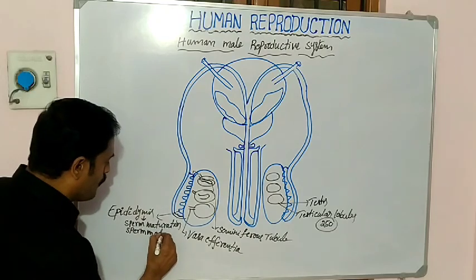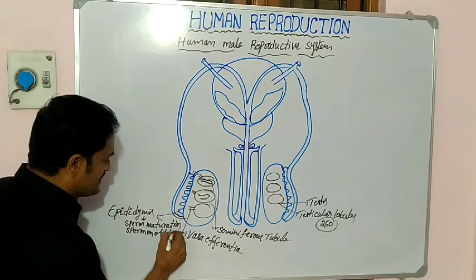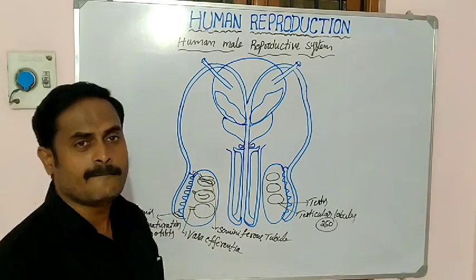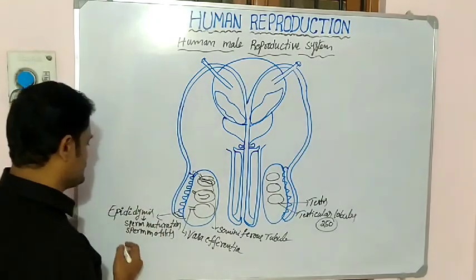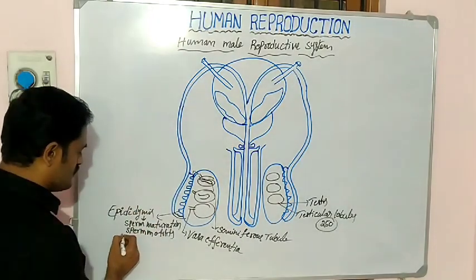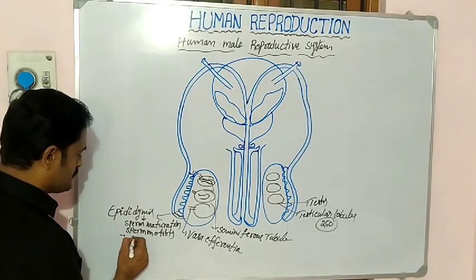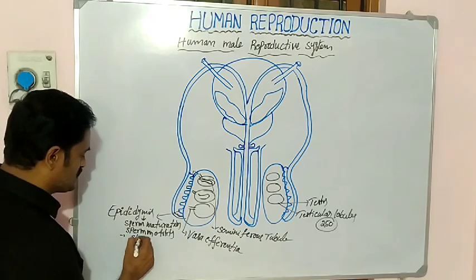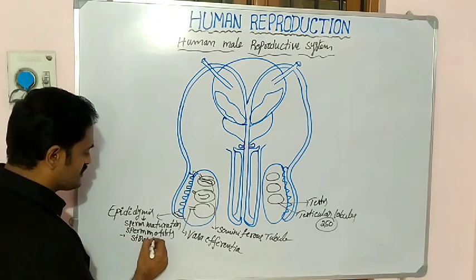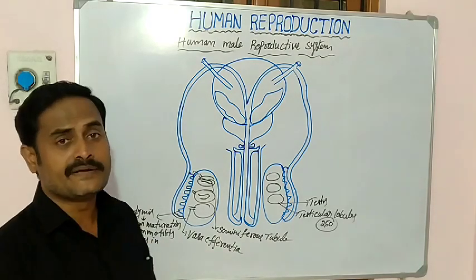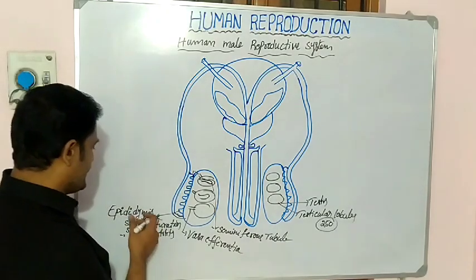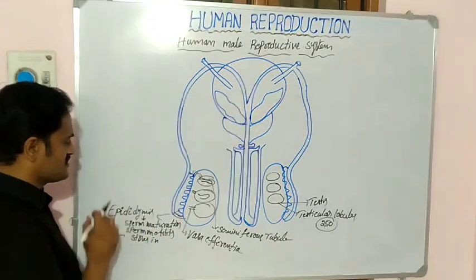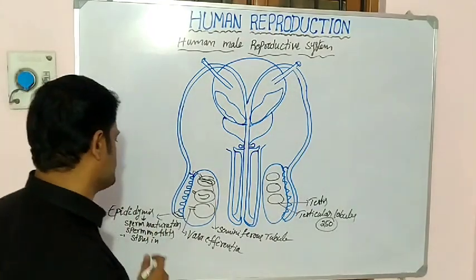Sperm motility also takes place in the epididymis, and one more function, the sperms are stored or partially stored in the epididymis. These are all functions of the epididymis.